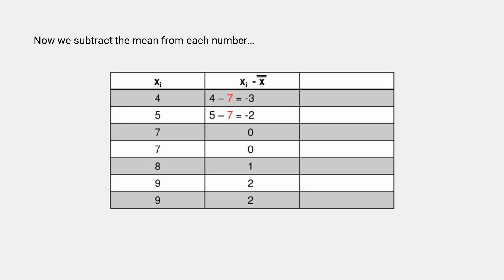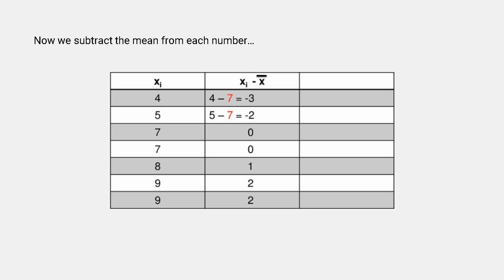In the second column, we have x of i minus x bar. X bar was the mean. So you take x of i, which for the first row is 4, and you subtract 7 from it, which gives us negative 3. For the second row, we do the same thing. 5 minus 7 gives us negative 2, and so on. So we have 0, 0, 1, 2, and 2.